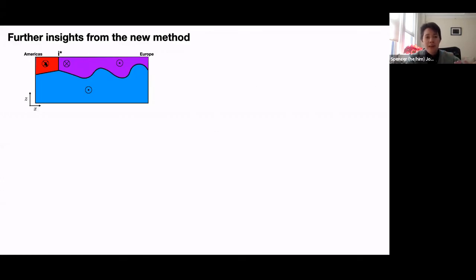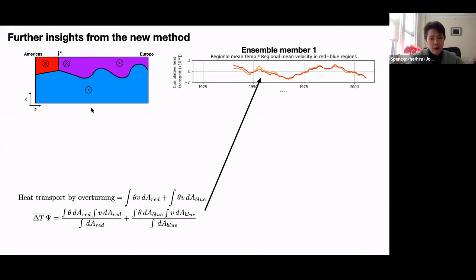So in order to look at that, instead of the heat transport by the overturning, which was the total heat transport in the red region times the total heat transport in the blue region, I just plotted the overturning times the mean temperature over this region, plus the mean temperature in this region, which is what I've shown mathematically here.